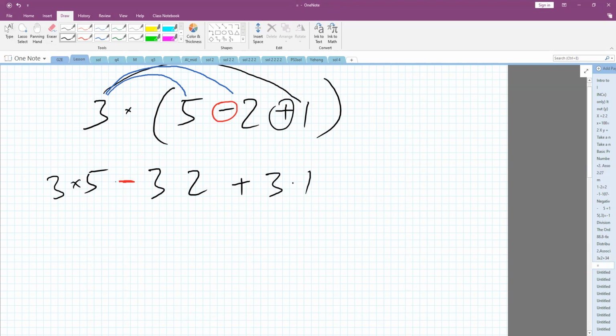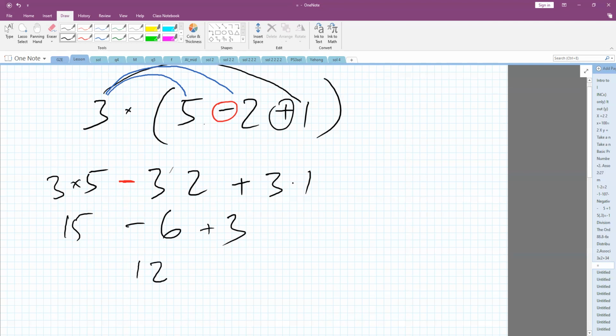So this is called the distributive property. If you have a number and then you multiply it by a term that has some addition or subtraction in there, it's like you trying to expand. You're trying to expand here. So this is 15, and then this is minus 6, and then plus 3, and of course the answer will be 12.